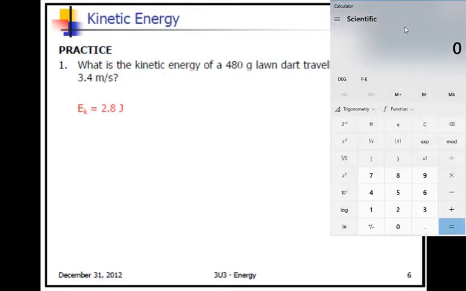It is 0.5 times its mass, which is 0.48, times its speed, 3.4, squared. And we get 2.77. We have two significant digits in the 480 grams and two in the 3.4 meters per second. So our kinetic energy has to be represented with 2 significant digits, which is 2.8 in this case.